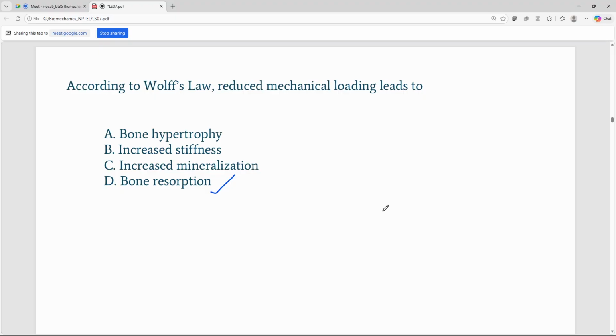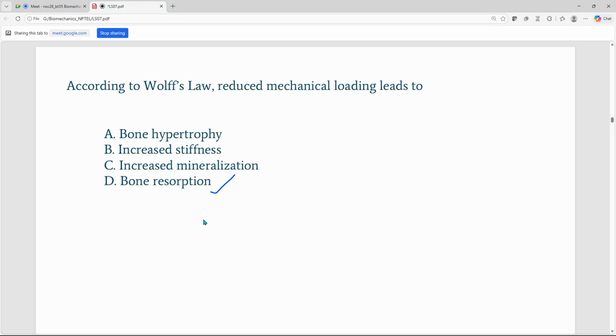So, according to Wolff's law, when the bones are exposed to higher loads, they will get stronger.